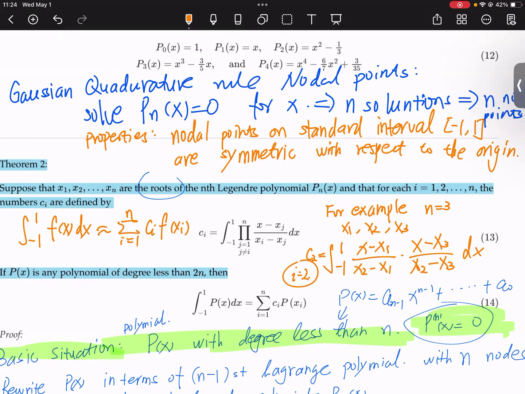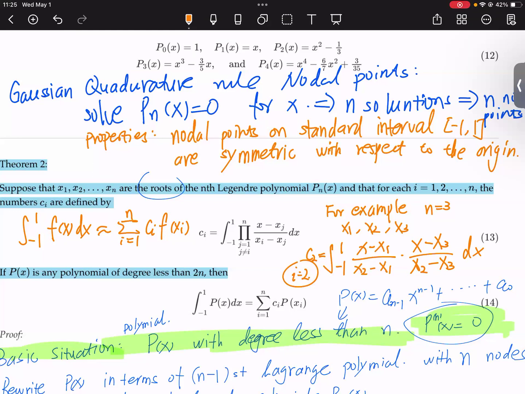The next part is about the degree of precision of the Gaussian quadrature rule. It says, if p(x) is any polynomial of degree less than 2n, which means the highest degree we can achieve is 2n minus 1, then the formula is exact.